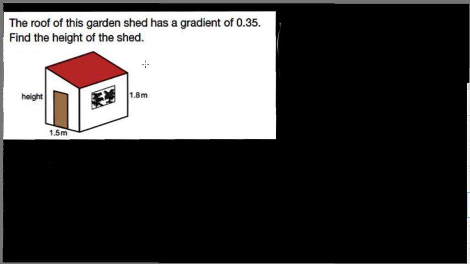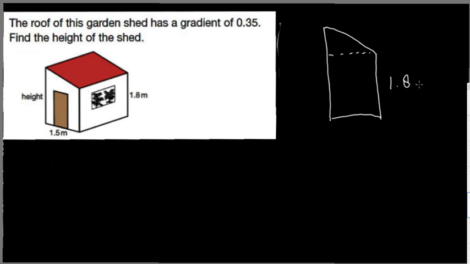The roof of this garden shed has a gradient of 0.35. Find the height of the shed. Okay, let's say the shed is here. This is the roof, this is the shed.